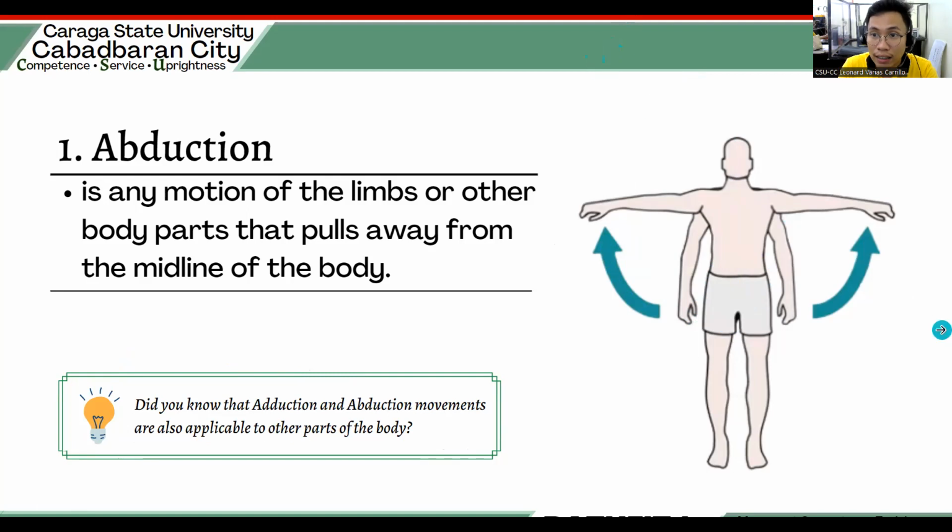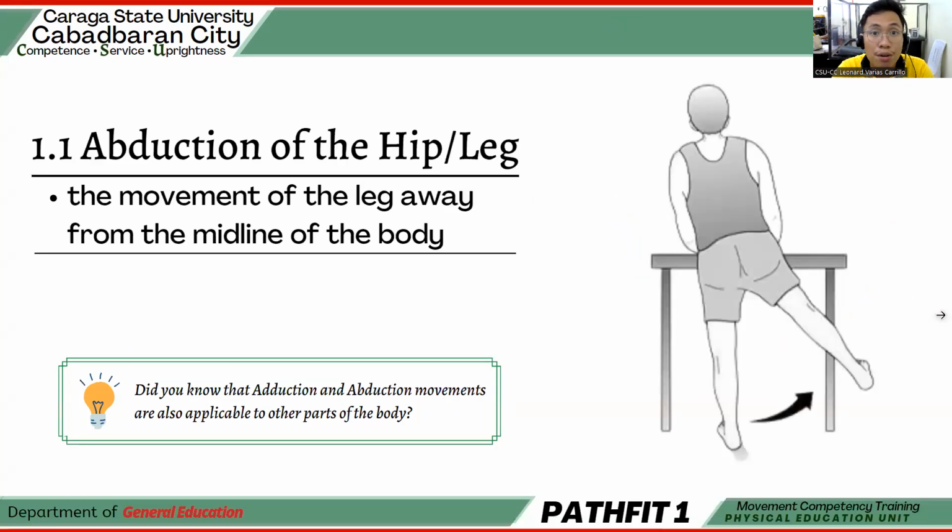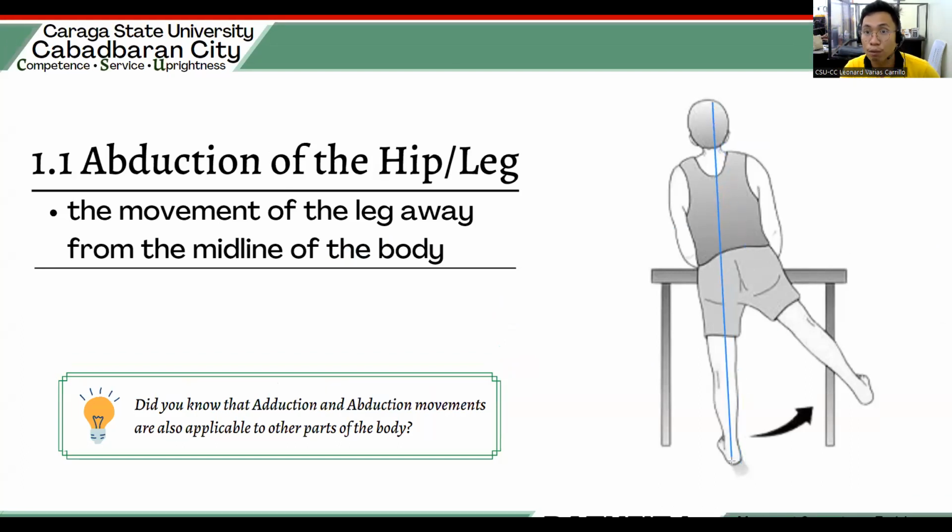Okay? Next is abduction of the hip or the leg. This is one example that I am giving. It is the movement of the leg away from the midline of the body. Again, from the midline of your body, the movement goes from here to here.